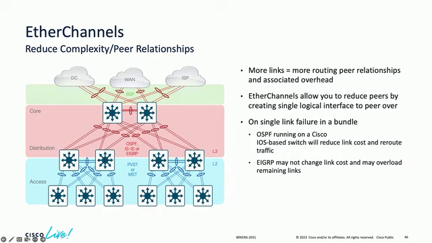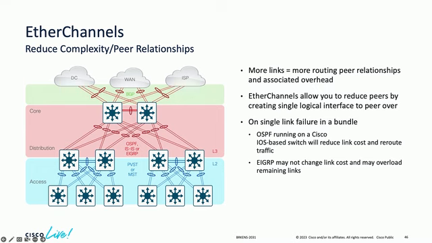If we use OSPF in such a situation, with the assumption that we've adjusted the auto-reference bandwidth, it will react when, for example, this port channel between the distribution switch and core switch loses one of its members.